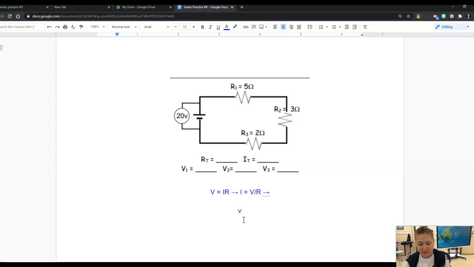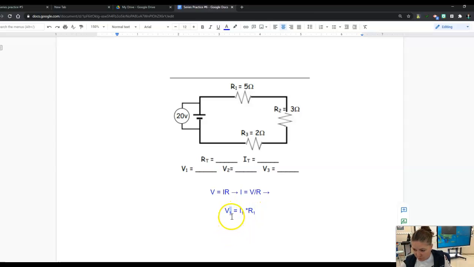For V1, V2, and V3, it's what we did earlier in all those other problems, and it's just V is equal to I times R. You have to do this 3 times. So you have V1 equals I1 times R1.